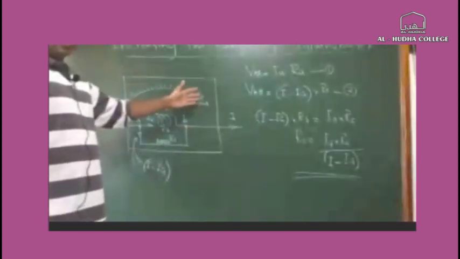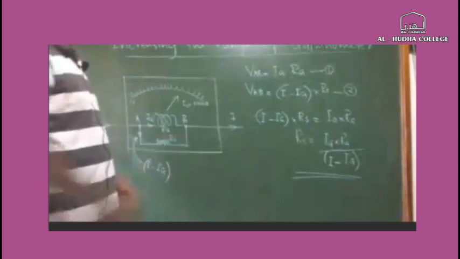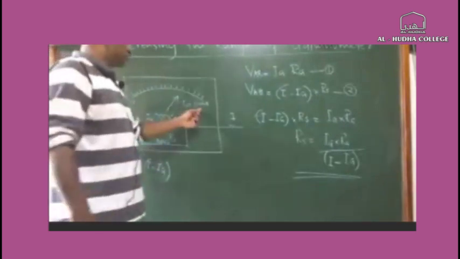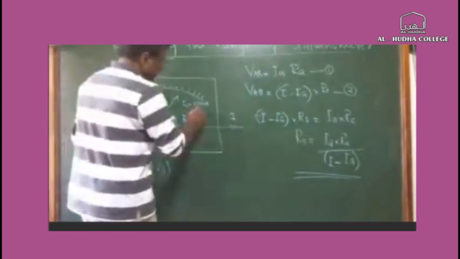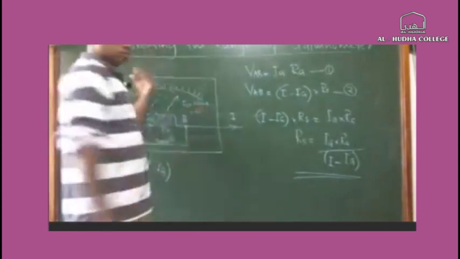Now what we are doing by connecting a shunt resistor is increasing the range of the galvanometer. So the previous full scale deflection is, say, 100 milliamps. The new full scale deflection will be 1 amp. We can mark it now.